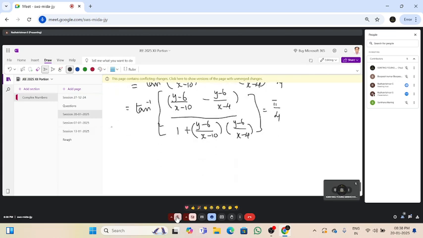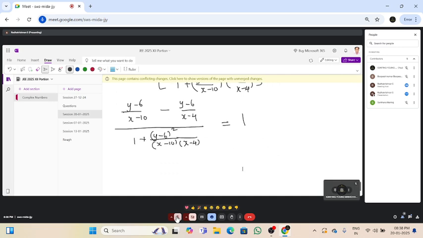Now if you take tan on both sides, you will get like this. Tan of pi by 4 is 1, right?